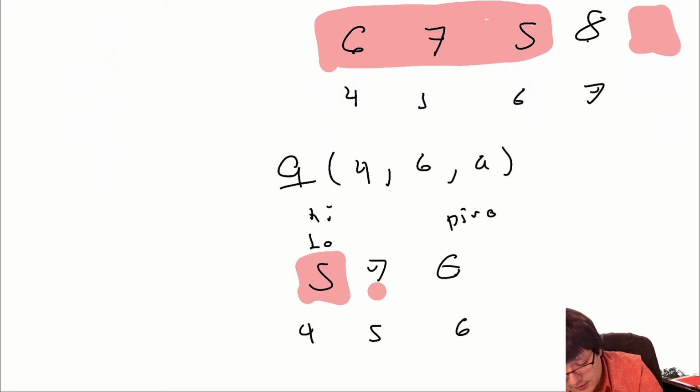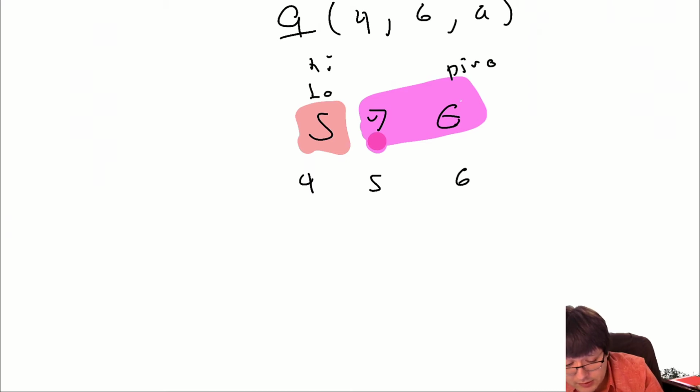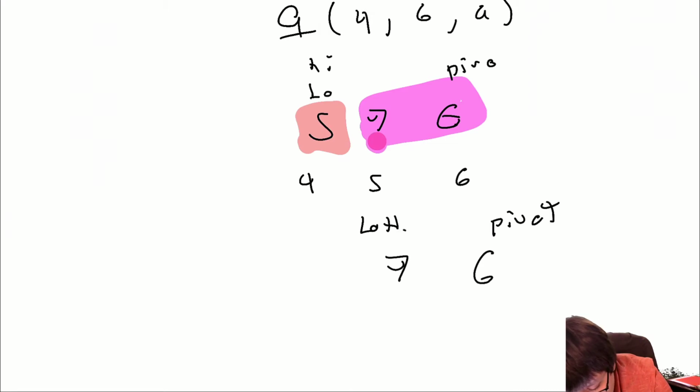So as you can see, this is a bad scenario for this because it's kind of going its worst possible way here, but oh well. So next recursive call, 6 is the pivot and 7 is both low and high, at which case nothing happens, but then the swapping happens with the pivot, so you get 6 and 7, okay?